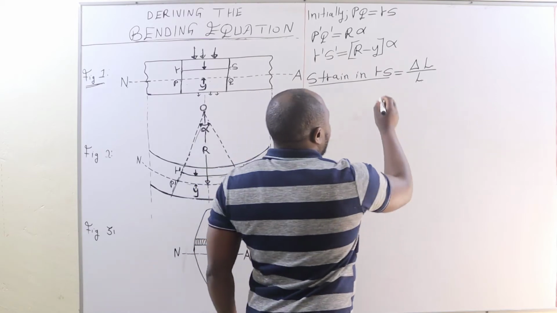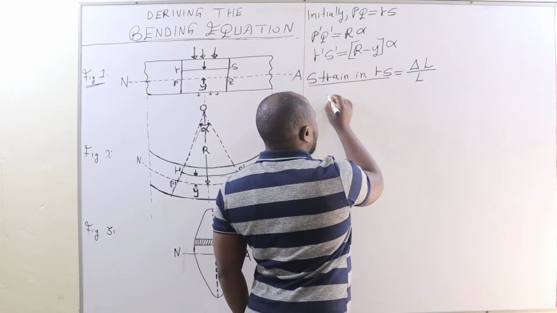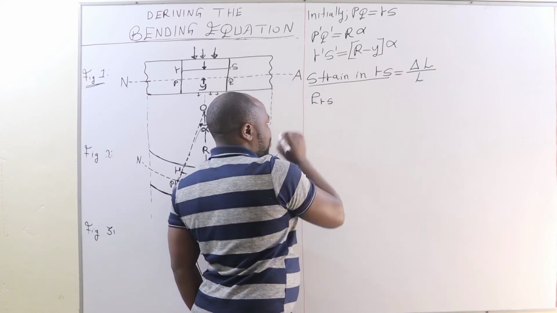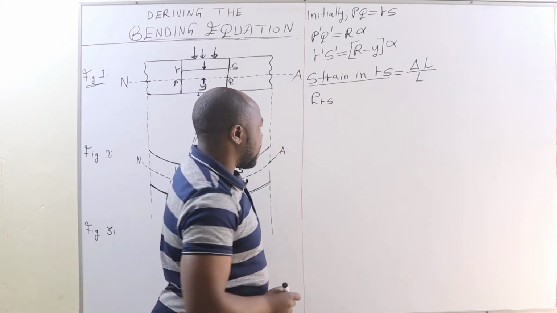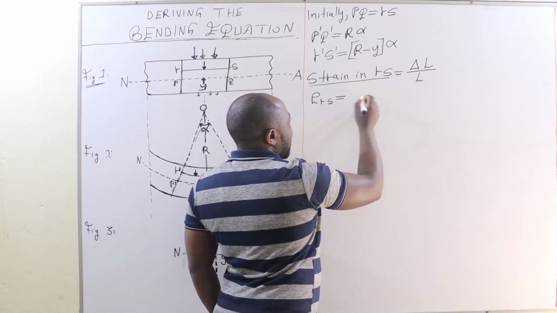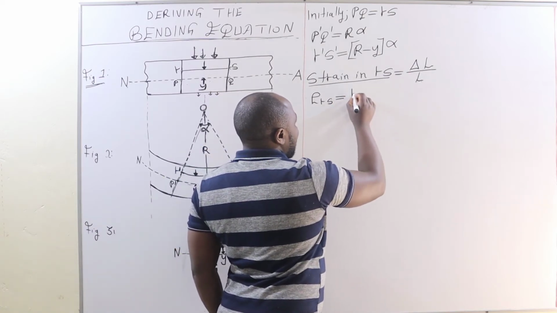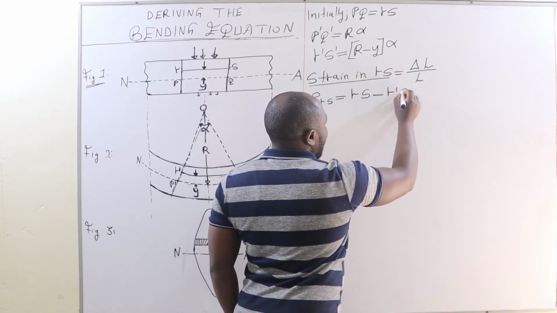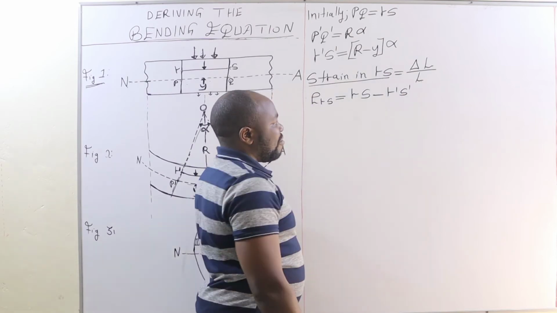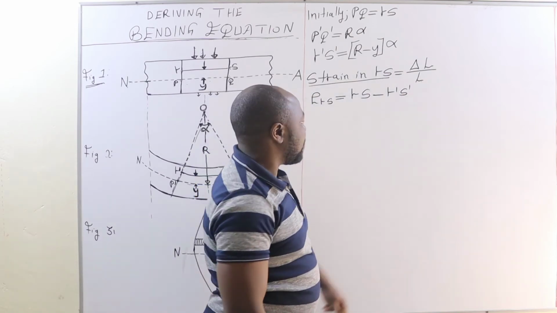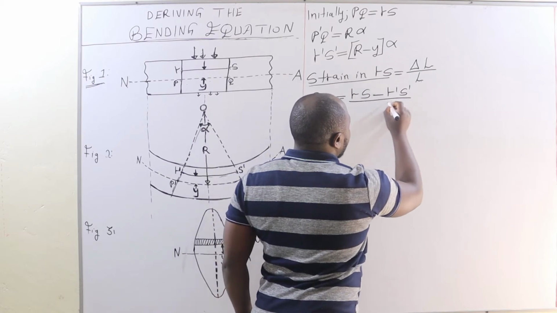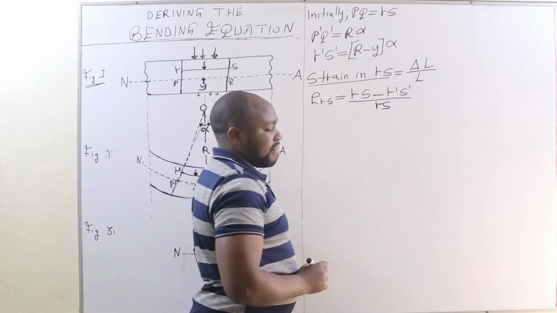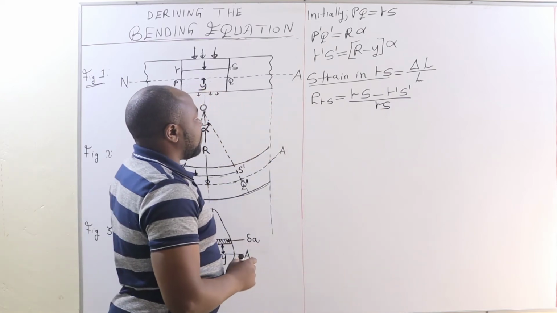Now, the strain in RS, with the symbol of strain being epsilon, is equal to the change in length, which is given by the original length RS minus the final length R prime S prime, all over the original length RS.